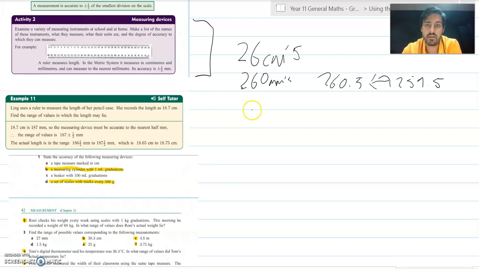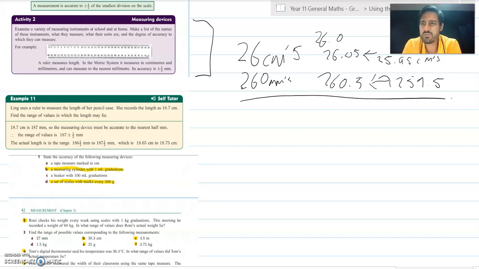The other way to think about it is just in terms of 26 centimeters, so 26.0. We can write that as 26.05, or 25.95 centimeters. For me, I actually like doing it the first way, especially to start with.